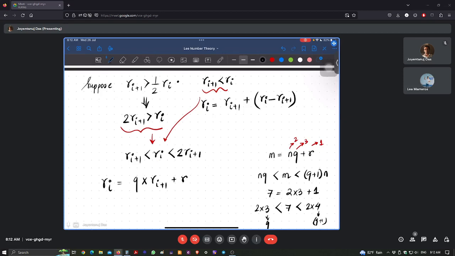Q cannot be 2, because if I write 2, then it is more than Ri. Q needs to be 1, you're saying. Yes.